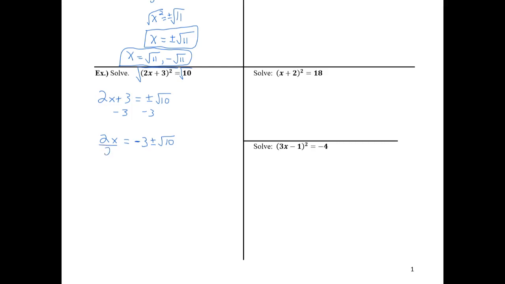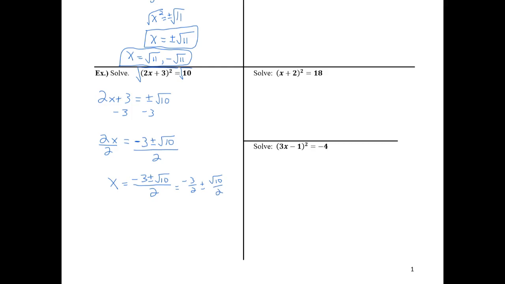And then lastly, I divide everything on both sides by 2. And x equals negative 3 plus or minus the square root of 10, all divided by 2. You could also rewrite that as negative 3 halves plus or minus the square root of 10 divided by 2. Some textbooks will prefer that.